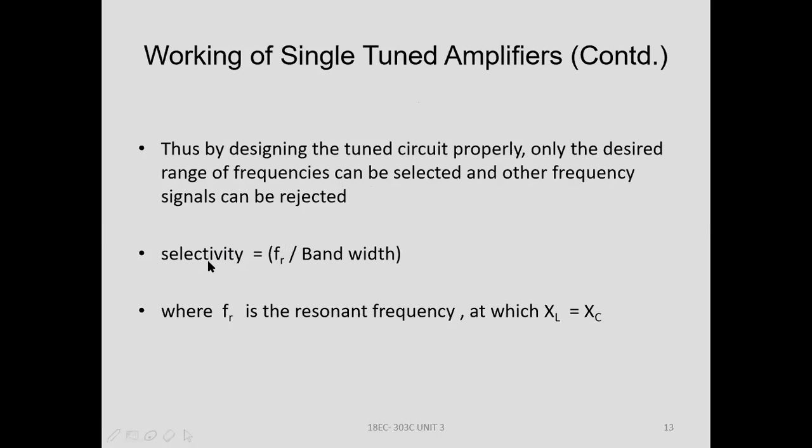Tuning the required frequency is called selectivity. Selectivity is the ratio of resonant frequency to the bandwidth. Here FR is the resonant frequency, at which XL equals XC, divided by the bandwidth.